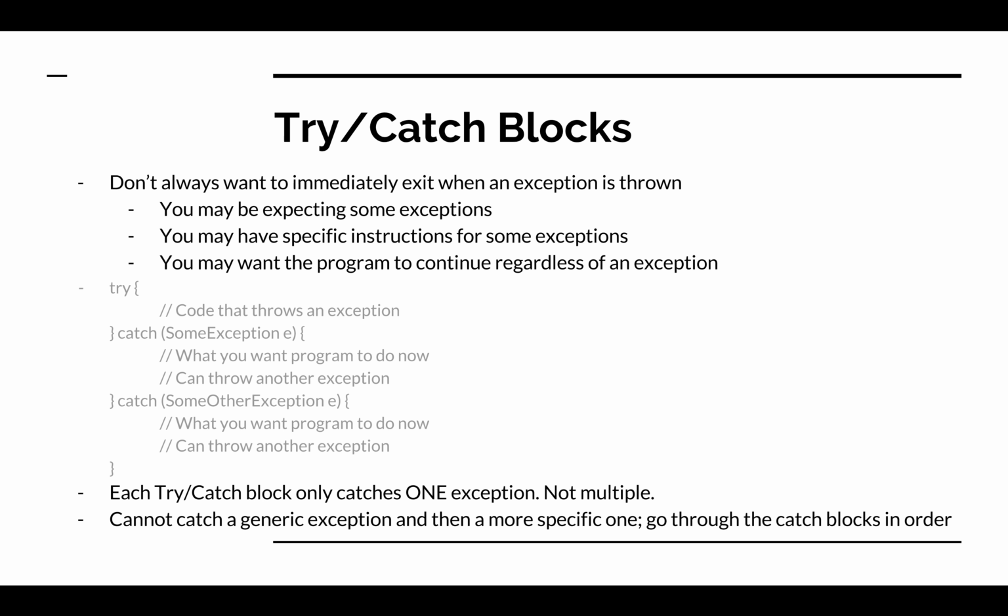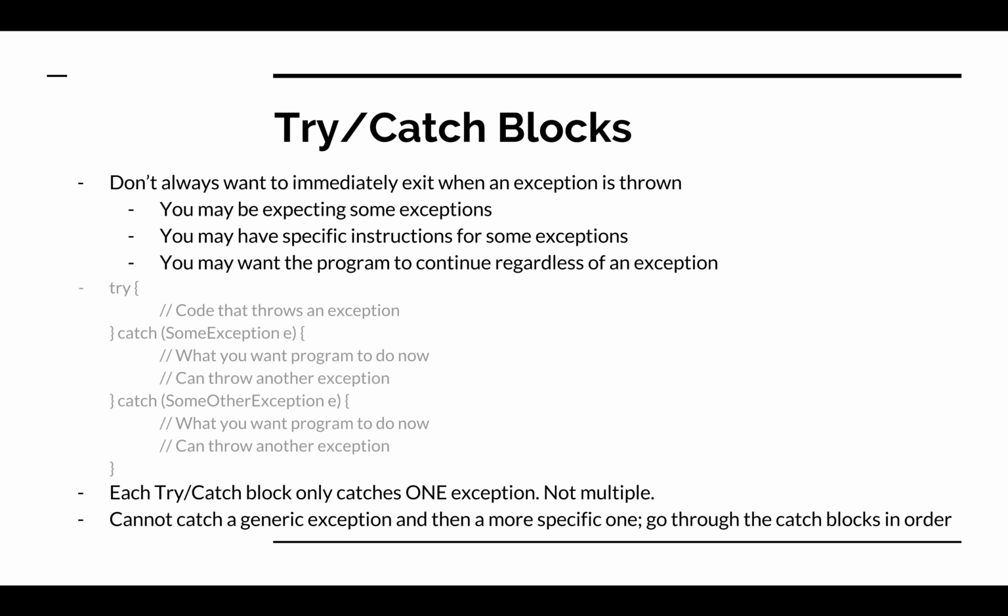So for example, if the first catch block was just exception E, that would catch all exceptions, and the second catch block was null pointer exception E, that would become a compiler error. It wouldn't let you compile that code because exception would catch all null pointer exceptions before it could even reach the null pointer exception catch block. Does that make sense? Are there any questions on that?